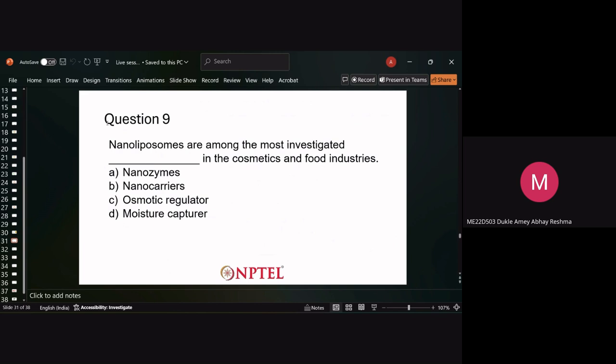Question number 9: nanoliposomes are among the most investigated dash in the cosmetics and food industry. Options: nanoenzymes, nanocarriers, osmotic regulators, moisture capturers. The answer is nanocarriers.